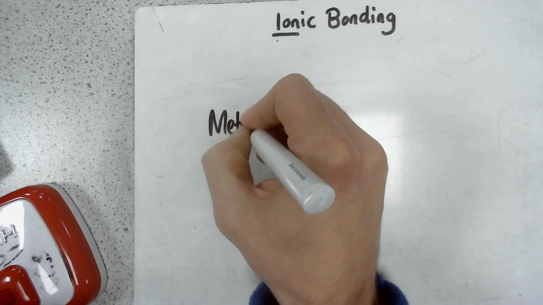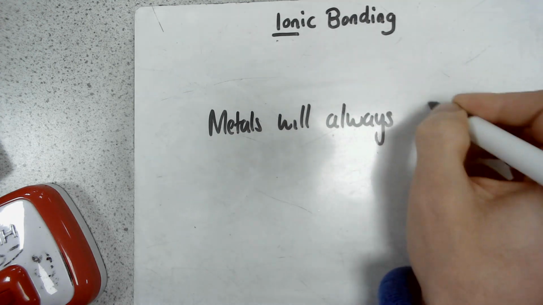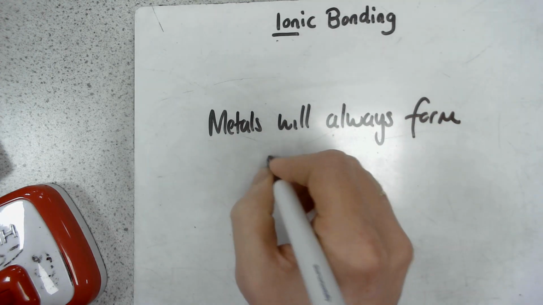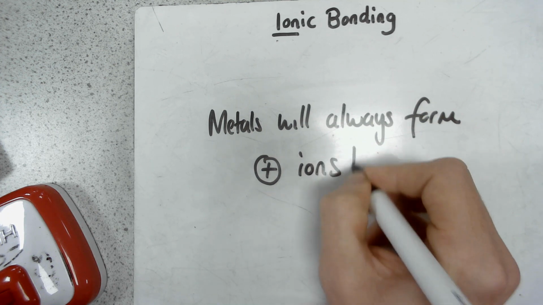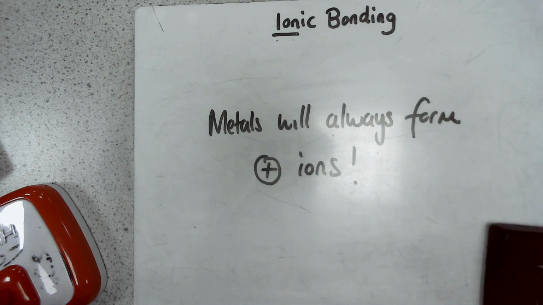Metals will always form positive ions. Okay? For the purposes of GCSE, metals will always form positive ions. So, we've looked at the positive ions. Let's now move on and have a little look at perhaps some of our negative ones.